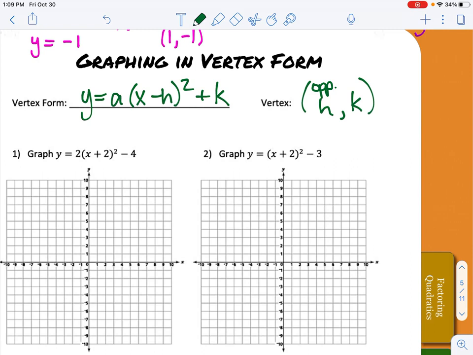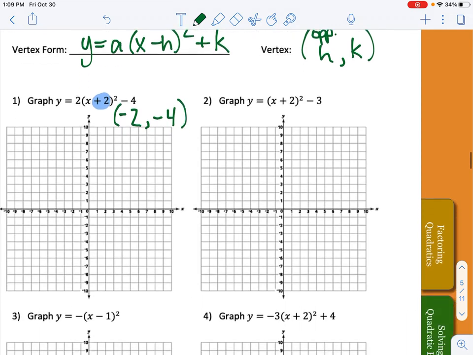So once again we start by finding our vertex. The opposite of h is always in the parentheses, k is always added or subtracted outside. Opposite of h is negative 2, comma k, keep the sign there, is negative 4. You can plot your vertex, negative 2, negative 4.